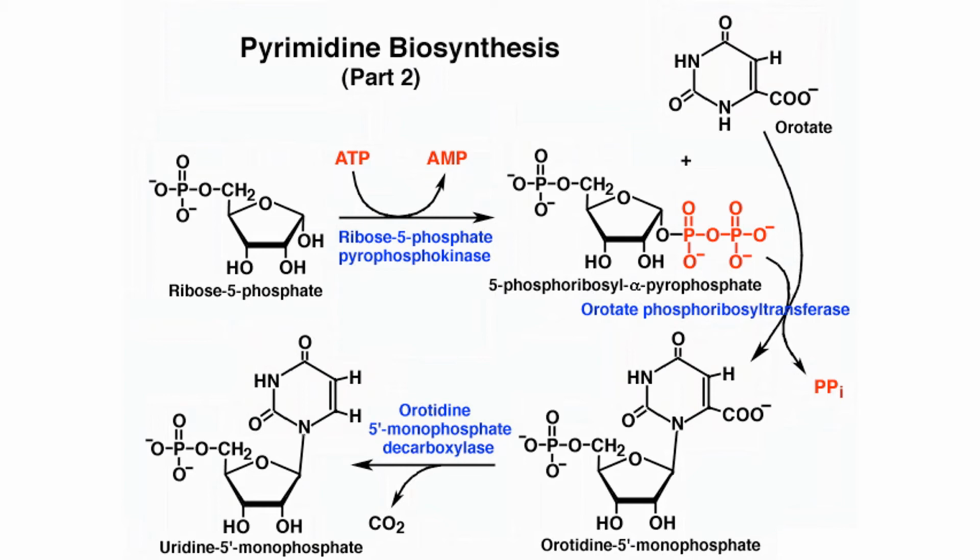So this enzyme is going to transfer phosphate groups to ribose 5-phosphate. The product here, and we see we have addition to carbon number 1, 2 phosphate groups. We get 5' phosphoribosyl alpha pyrophosphate as a product here.